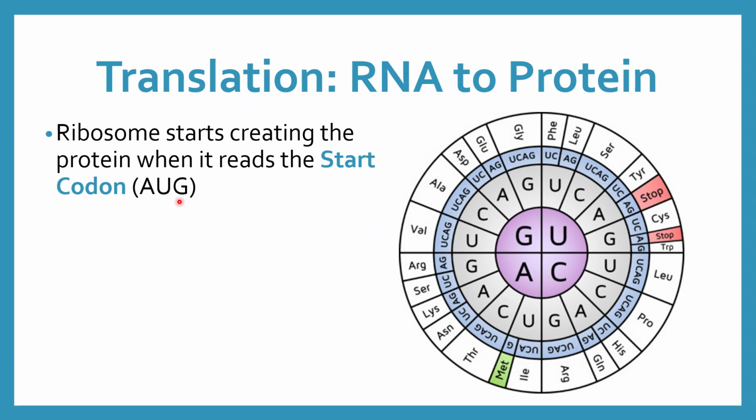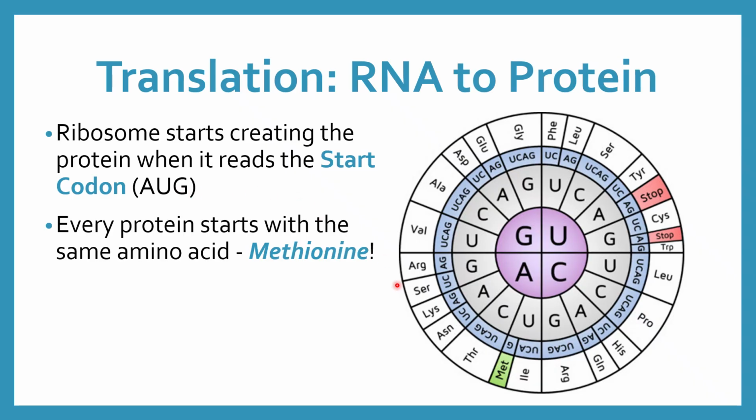It doesn't start at U, it doesn't start at whatever comes before the A, it doesn't start at G, it starts with AUG, and it sets the groups of 3 letters from that point on. So that means that every single protein is going to start with the same amino acid. It starts with methionine because that corresponds to the start codon.